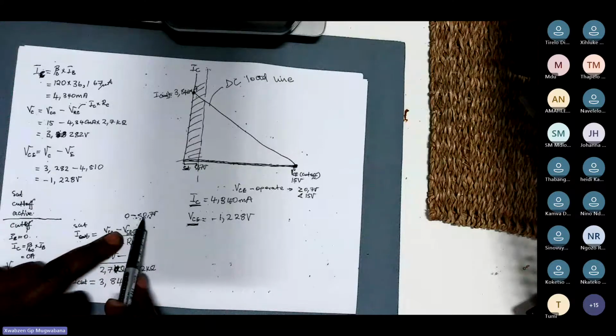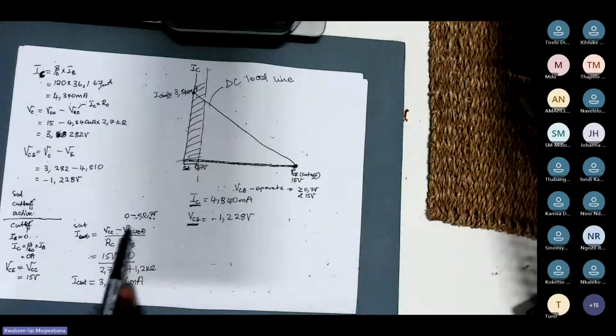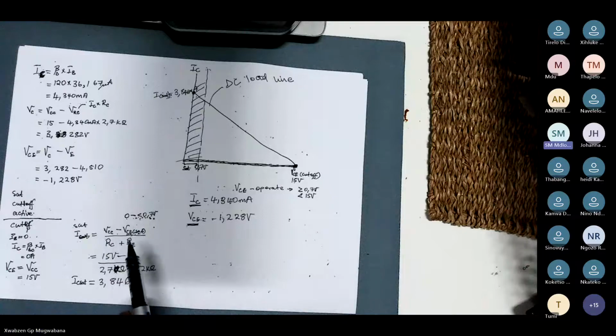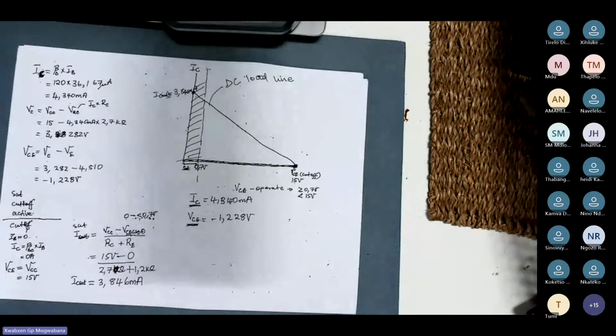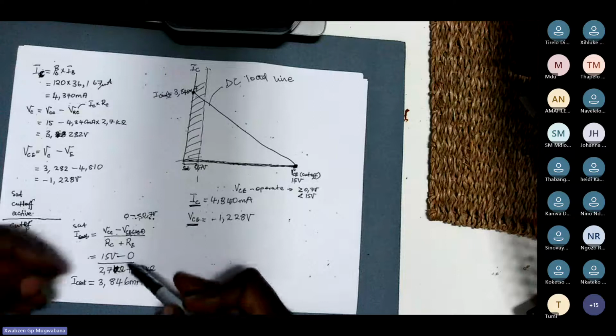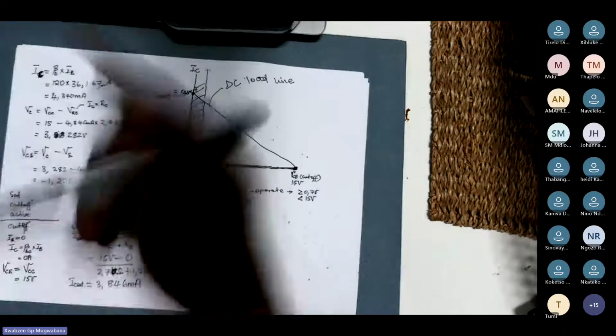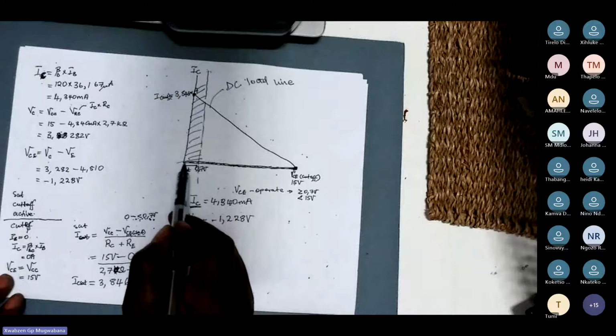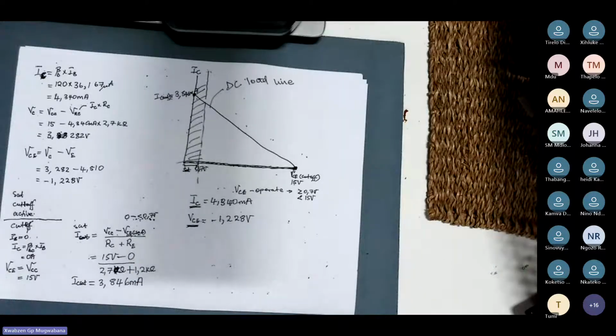To less than 0,7. Were we given the saturation voltage? No, we were not told. If we were not told, we assume that the saturation voltage is 0. If we were told, then we were going to replace this 0 with the value of the saturation voltage, but it must be between 0 and 0,7 volts. Do you understand that part?